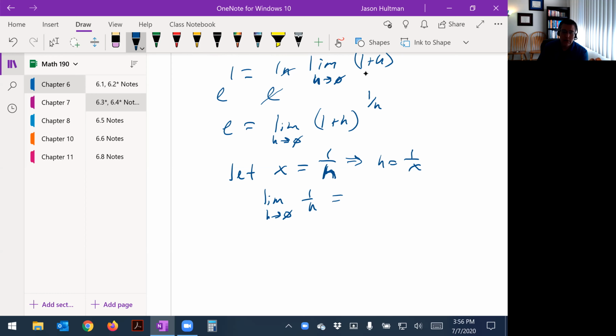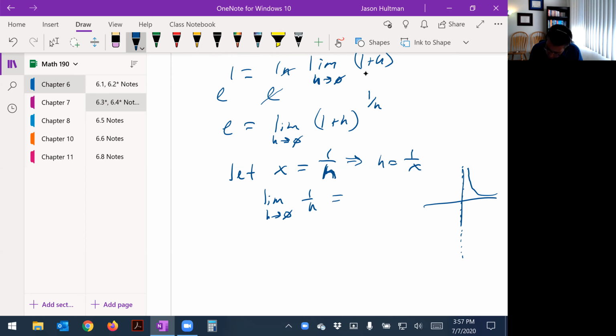We never get there. If I look at my graph of 1 over h, am I ever going to get to 0? No, I'm never going to get to 0. Why? Because it's an asymptote. Again, you don't want to make an asymptote out of yourself by thinking that it's a limit.